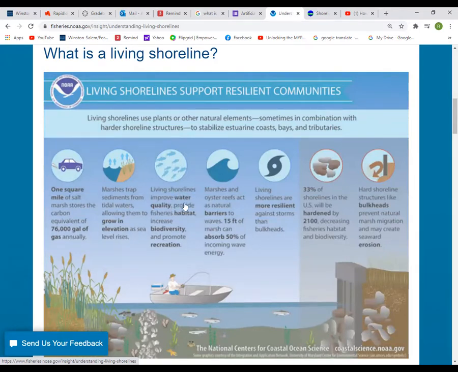Living shorelines improve water quality because of the massive biodiversity present in the shoreline. Also, they absorb a lot of energy from the waves, especially during hurricane season.